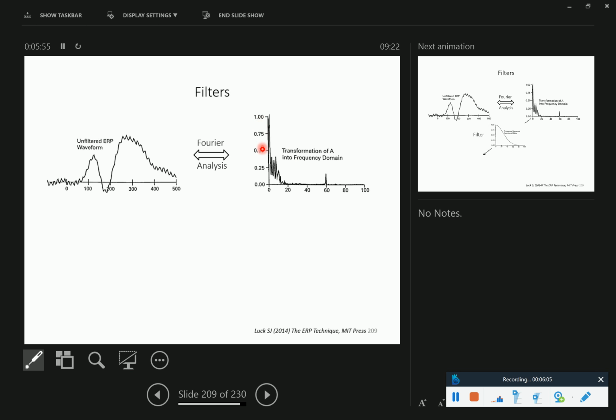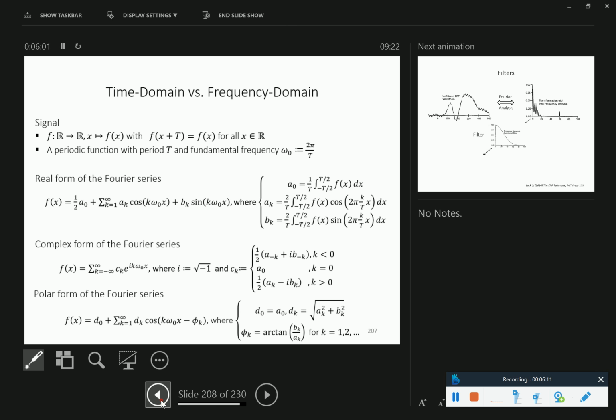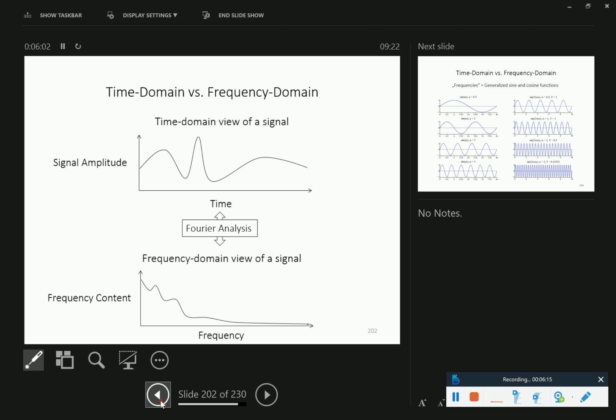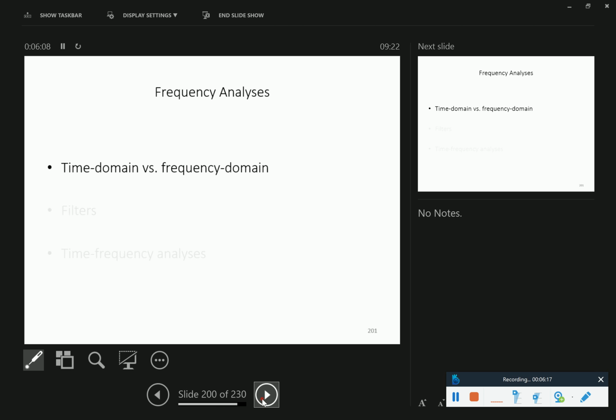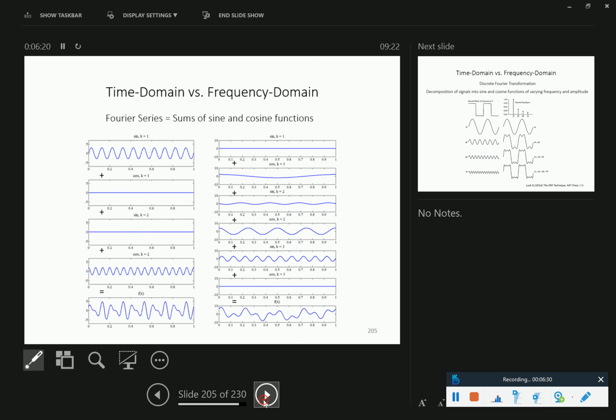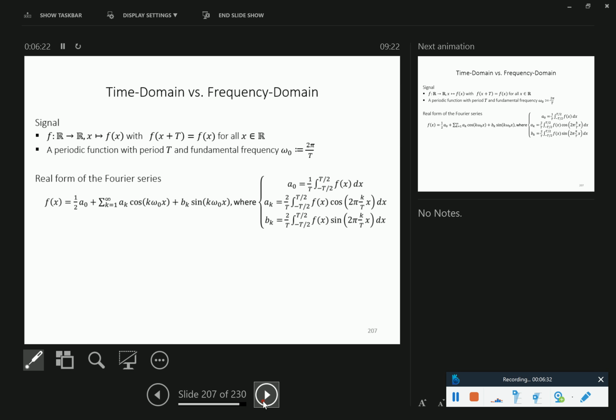This is the frequency content plot. What we've just seen was on the left this, and on the right it was this. It was just not that clearly annotated, but of course you are all reading the Luck book, so you could infer it.